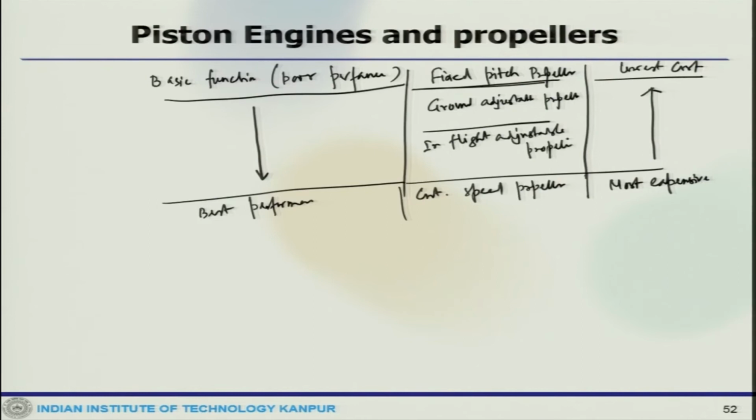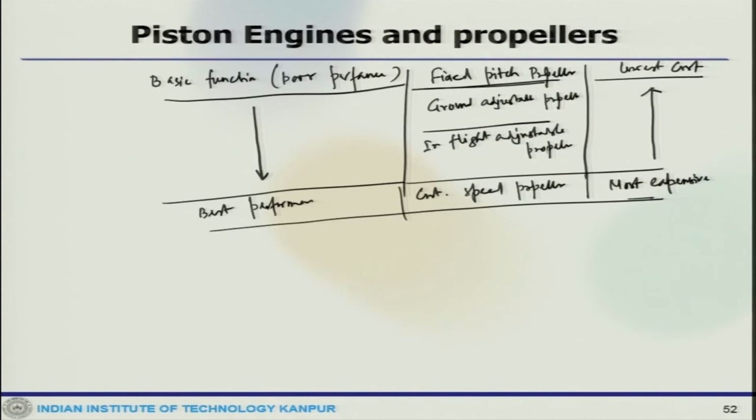So, like this. From here, as we move towards constant speed, we can see the performance improve, but at the same time this is probably the most expensive. So, this gives you an idea about the comparison of these propellers.